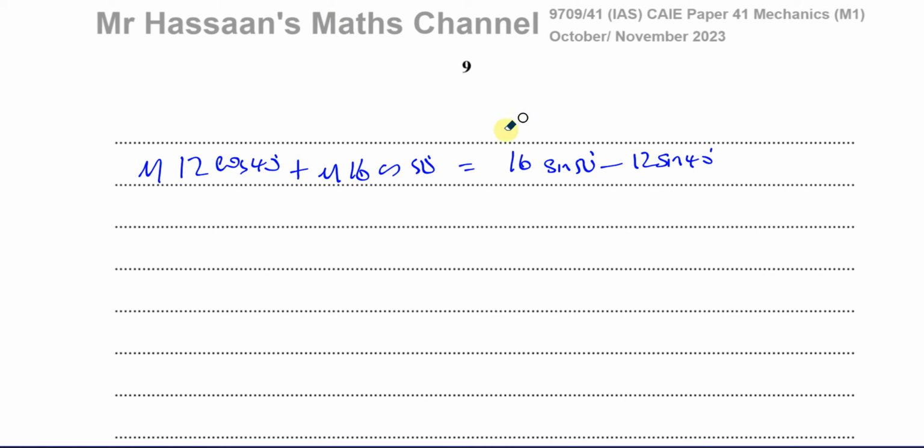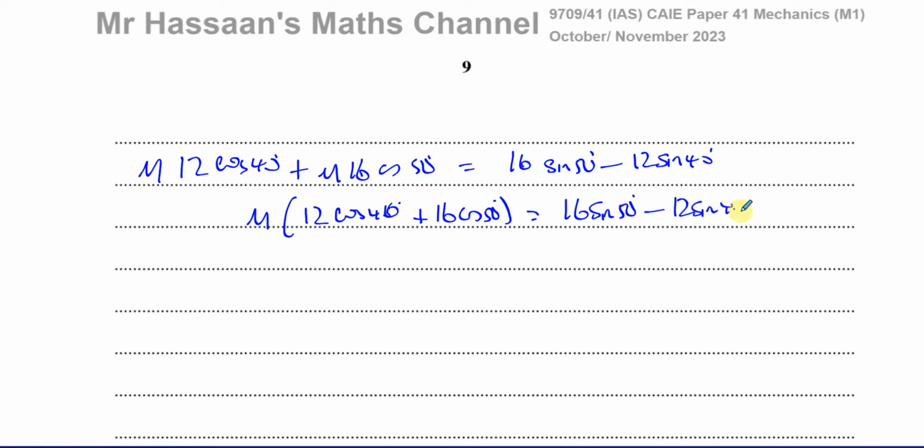So now we can take mu as common. We have mu times 12 cosine 40 plus 16 cosine 50 equals 16 sine 50 minus 12 sine 40.